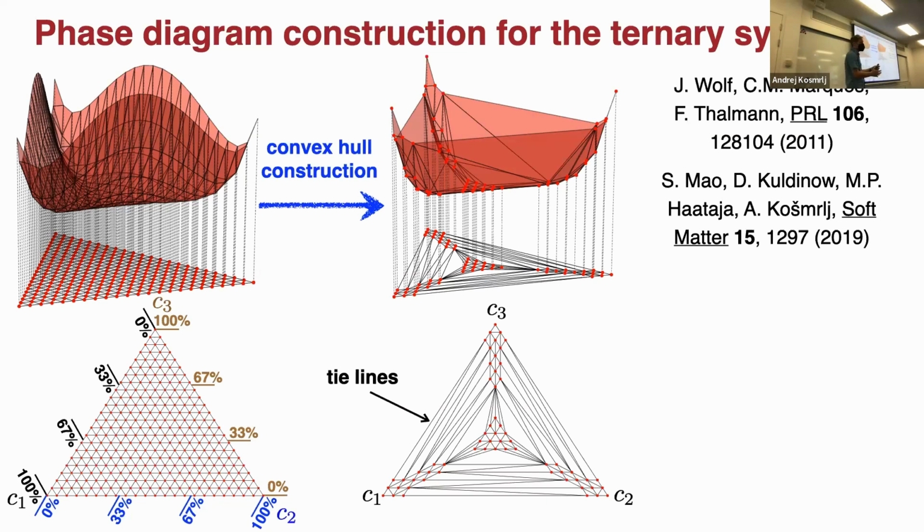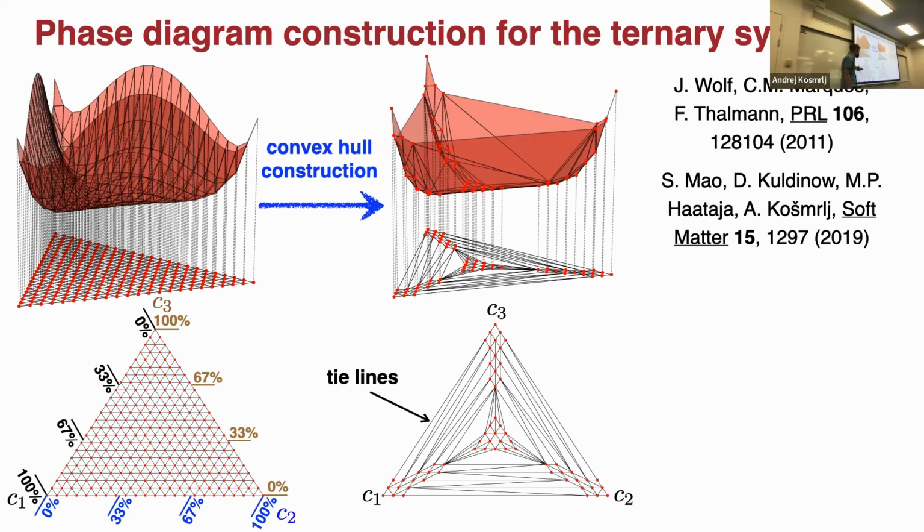In materials science, it is well known that in equilibrium, the system has to lie on the convex hull of the free energy, right? So if the free energy is non-convex, you have to convexify it first. I'm going to tell you how we can construct a convex hull of the free energy and how we can read off the phase diagram directly from that information, right? Here is an illustration for the ternary system, and then I'm going to comment on how to generalize this to more than 3 components.